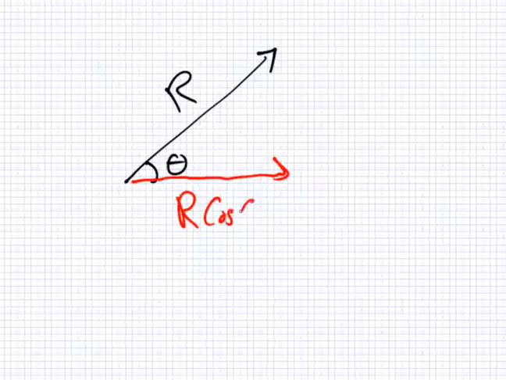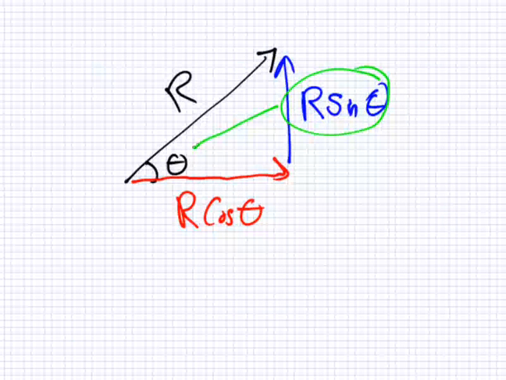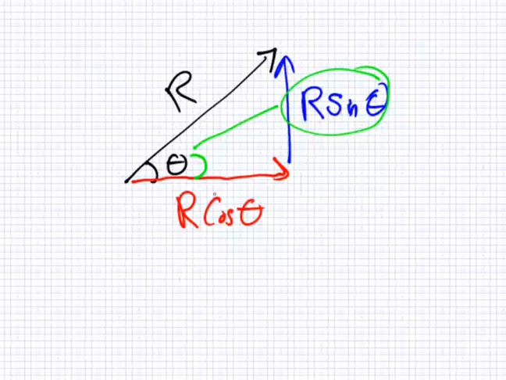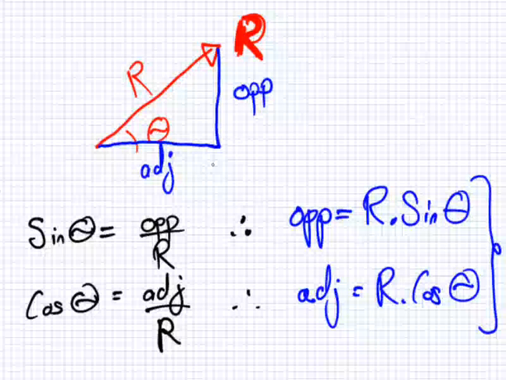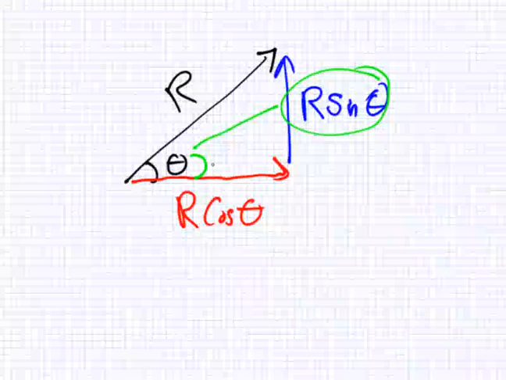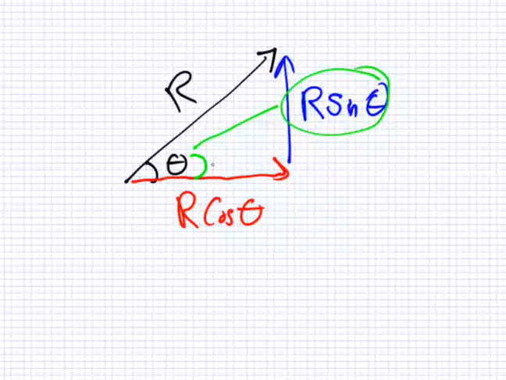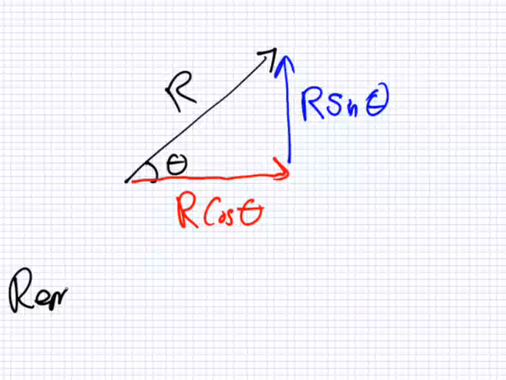So anyways, where was I? Back here. So this is vector OR, and its magnitude is OR, and its angle is theta. So what I'll do is draw in the triangle, and this side is the opposite and this side is the adjacent, and you know that sine theta equals the opposite over the hypotenuse.